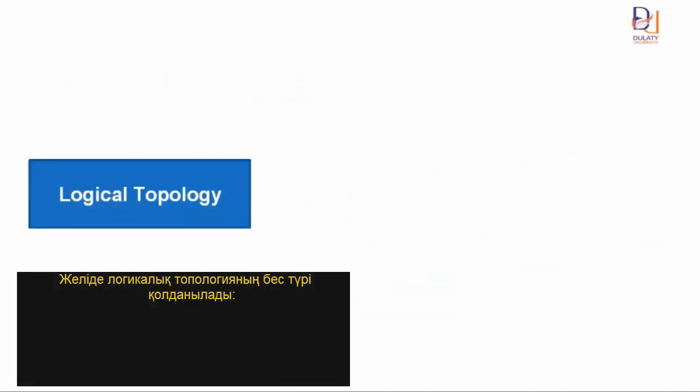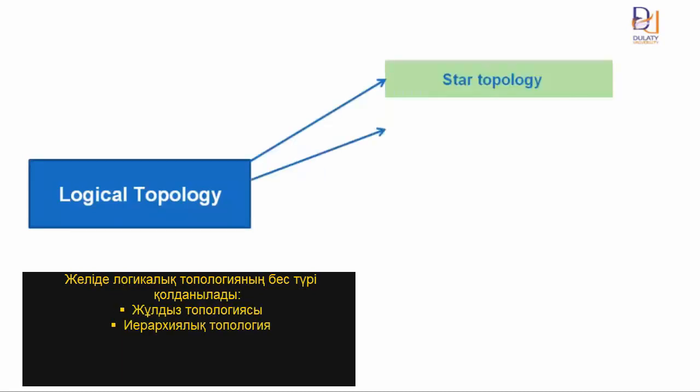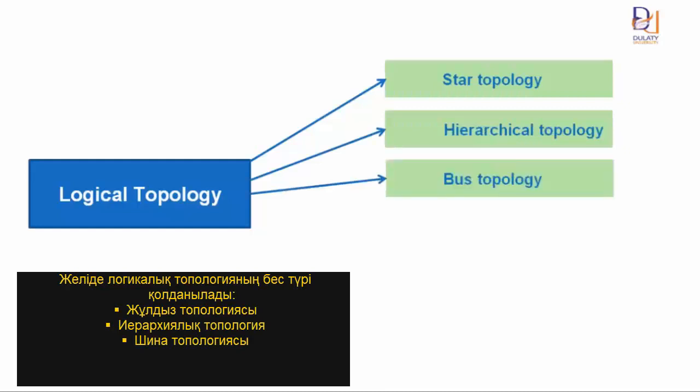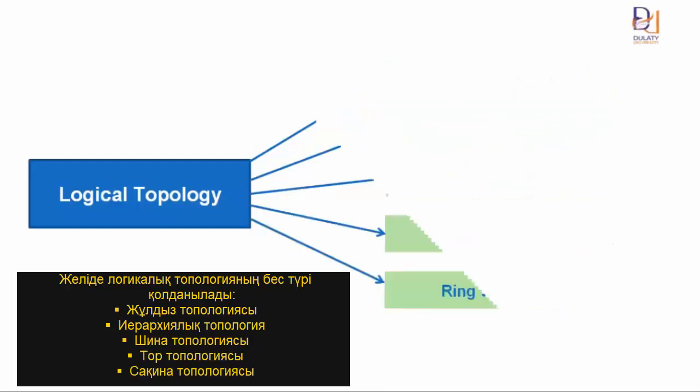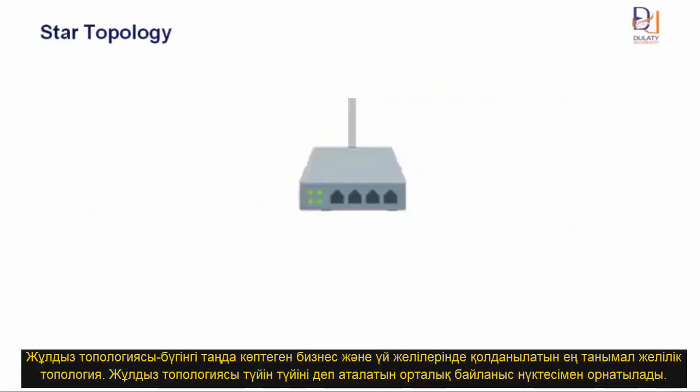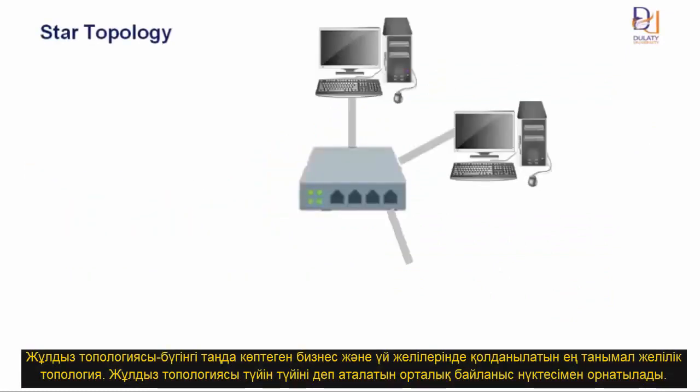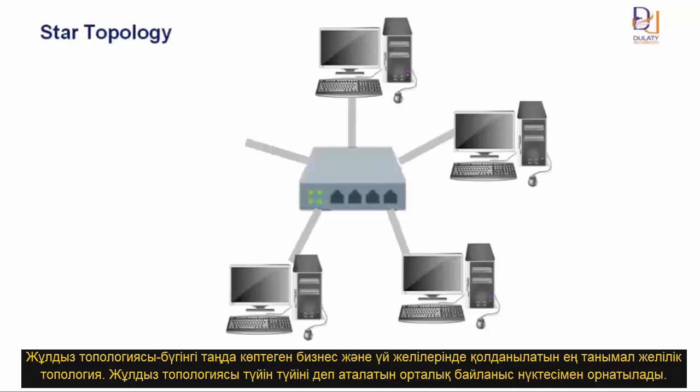There are 5 types of logical topology that are used in a network: star topology, hierarchical topology, bus topology, mesh topology, ring topology. Star topology is the most popular network topology that is used in many business and home networks today.